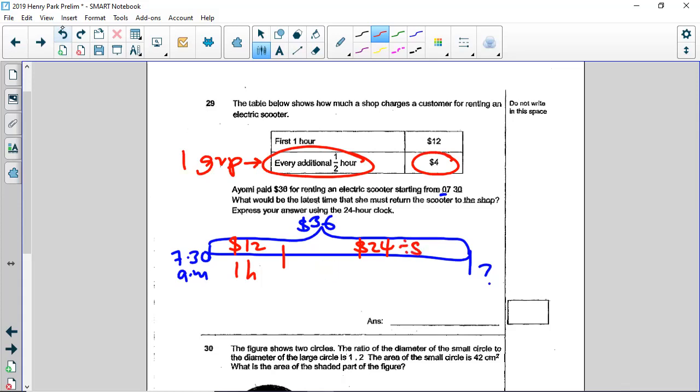So you take $24 and divide by $4. You will get 6 groups. And 6 groups is how long? 6 times, each group is half an hour, right? So that will give you 3 hours. And then the total hours will be 4 hours.